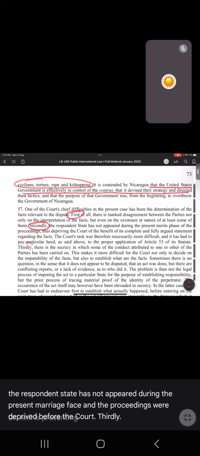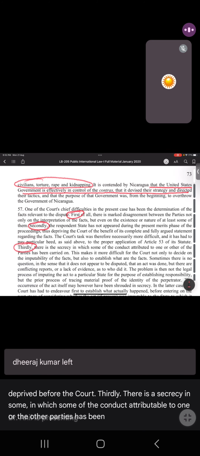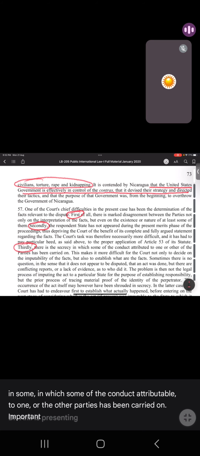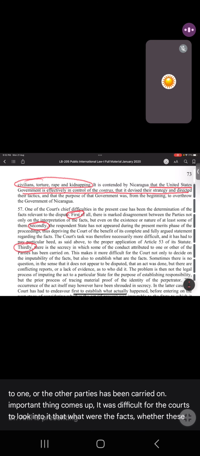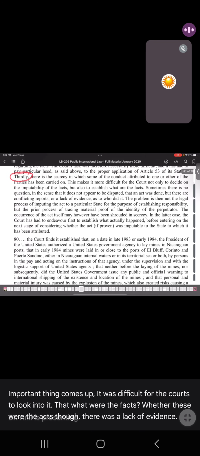Thirdly, there is secrecy in which some of the conduct attributable to one or the other party has been carried on. It was difficult for the court to establish the facts, as there was a lack of evidence.